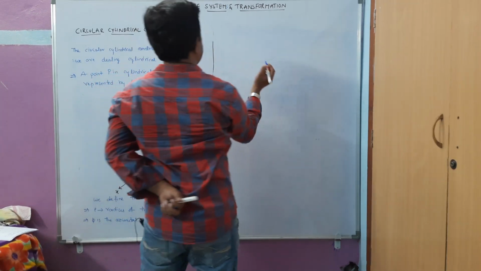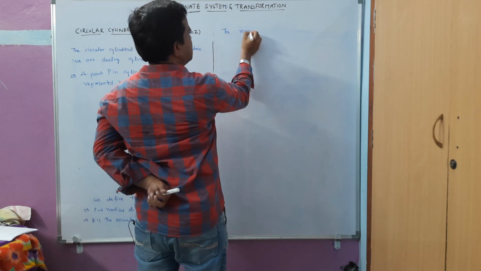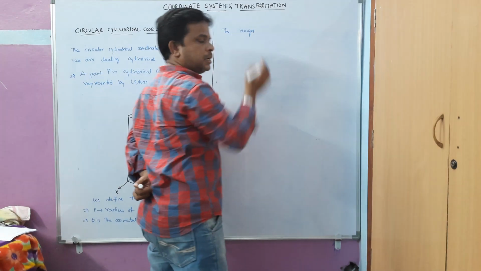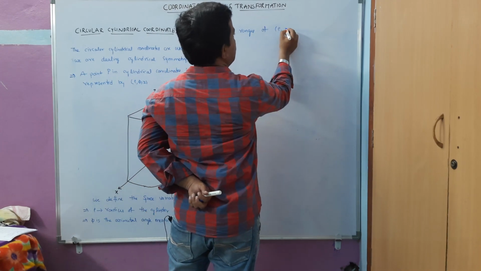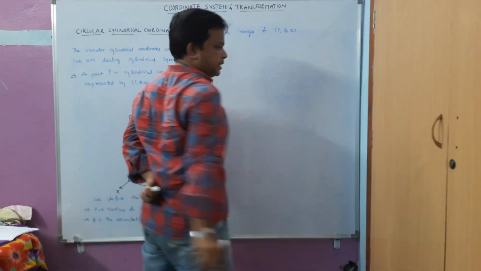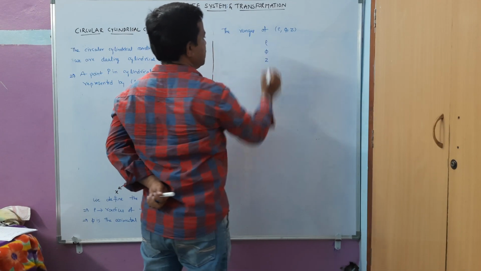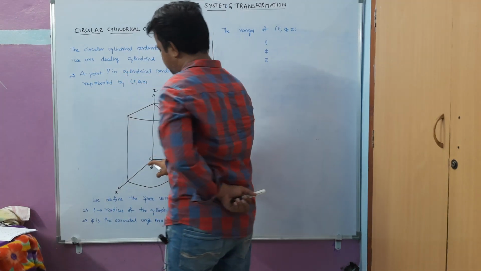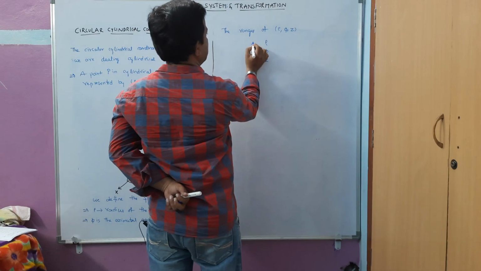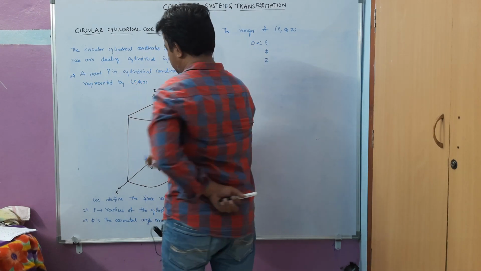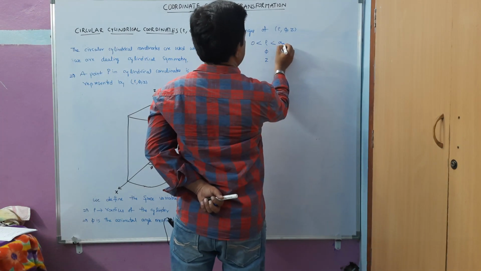So that is the ranges. As we have seen the ranges of x, y, z in Cartesian coordinate system, now we'll see the ranges of rho, phi and z here. Okay, rho is starting from 0, or starting from origin, and it should be less than infinity.